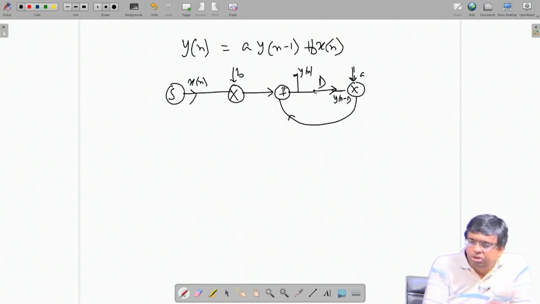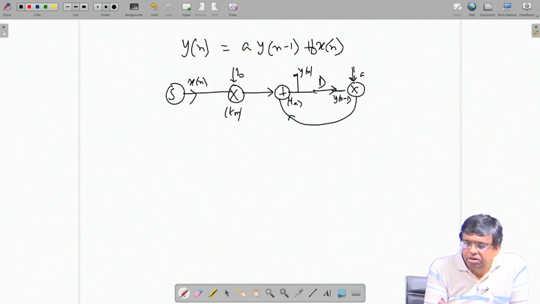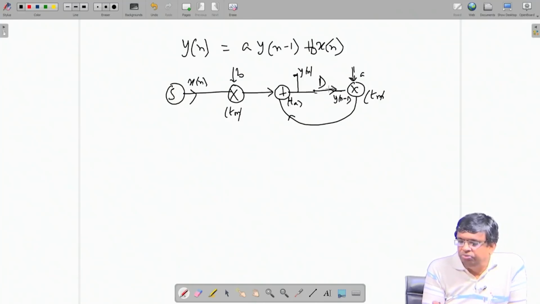Now, what is the critical path? This is taking time t m, the multiplier, this is t a, this is t m. Now, t m plus t a, or if you take this side, you cannot go any further.